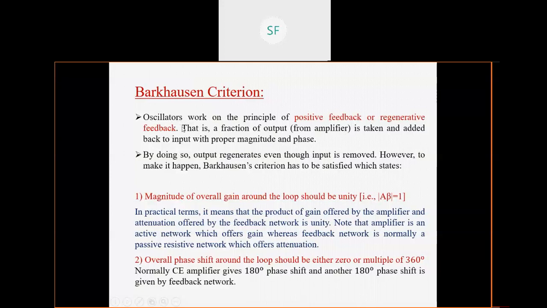Okay. So oscillators work on the principle of positive feedback or regenerative feedback. That is, a fraction of the output from the amplifier is taken and added back to the input with proper magnitude and phase. I have already mentioned what the concept of positive feedback is: some amount of feedback, that is some fraction of output, is taken and added to the input. This is called positive feedback. Positive feedback is also called regenerative feedback.